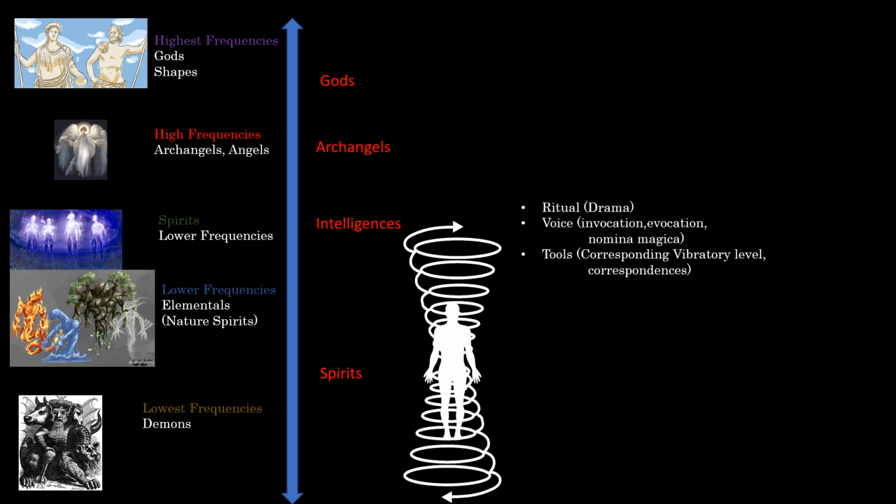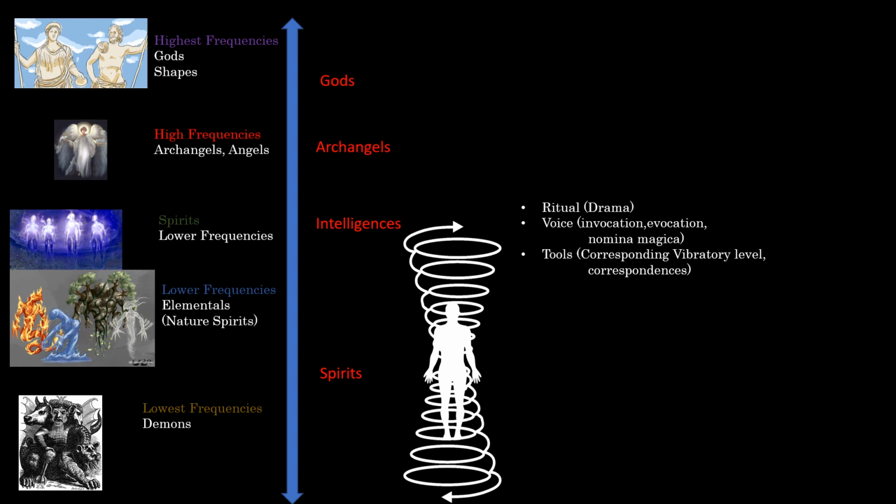And here is where magic comes in, and how we change the frequencies in order to move up or down is, as we said before, through an artistic expression, through art. Through an artistic expression, we are able to change our frequencies. So at the top we have the ritual.